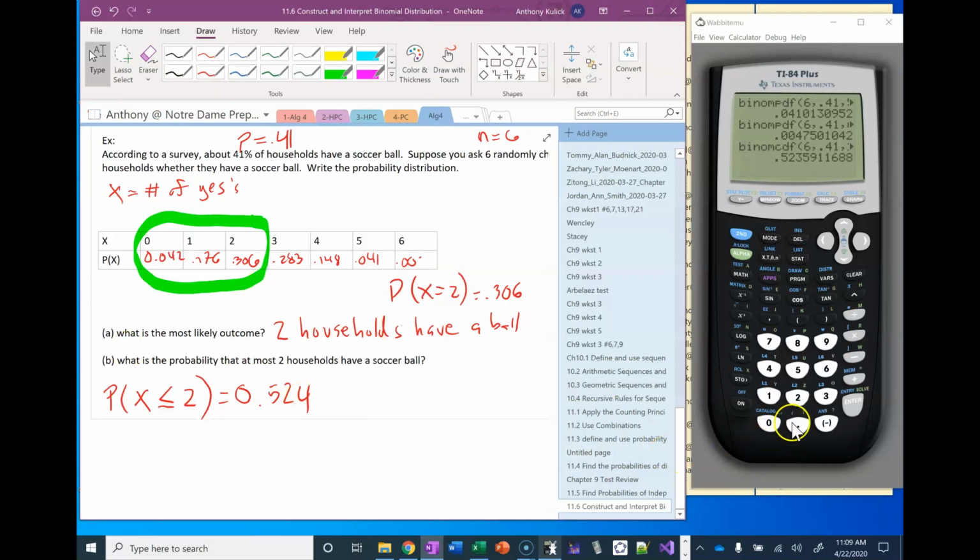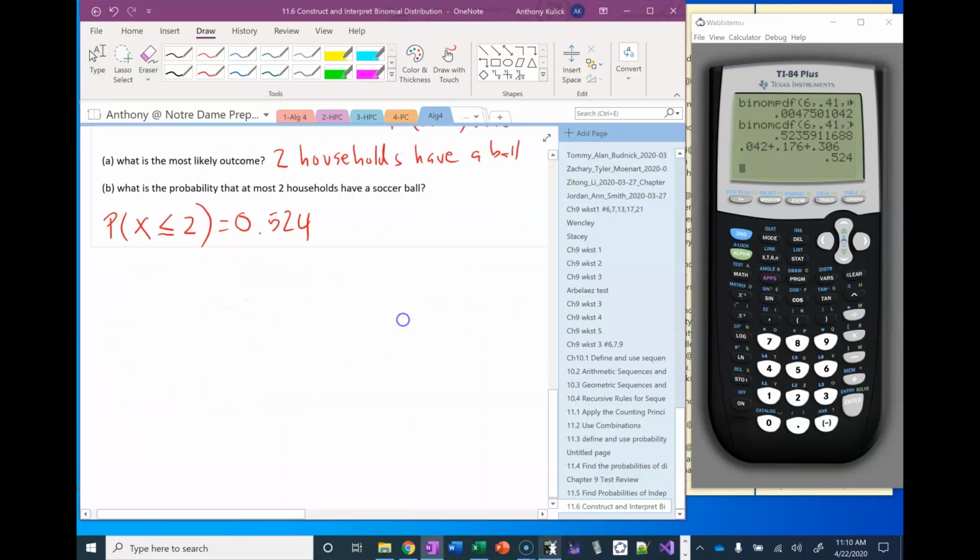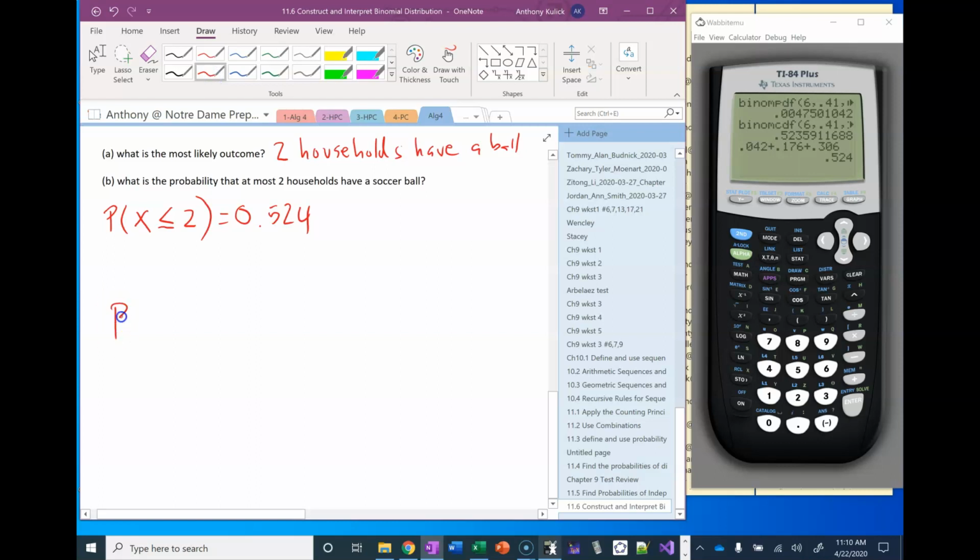And you'll notice if I added up these 3 values here, these 3 probabilities, 0.042 plus 0.176, 0.306, I'm going to get approximately the same thing, right? What's the difference? These 3 numbers were rounded. This is going to be exact, but for our purposes, they're giving us the same thing. The advantage of the binomial CDF is that you don't need the entire probability distribution to get it.